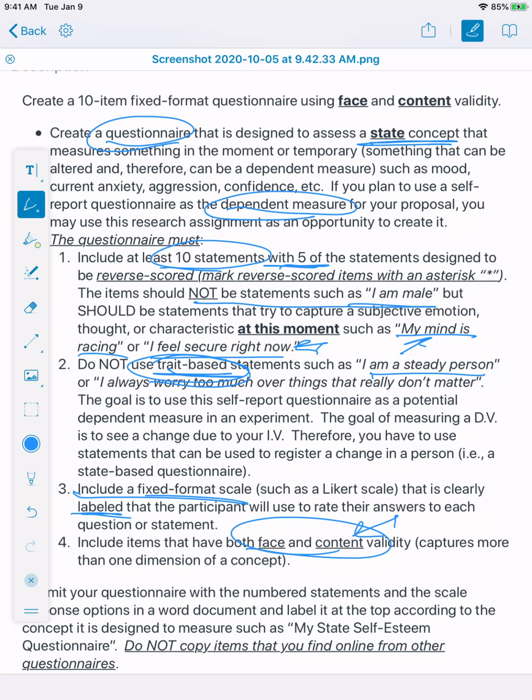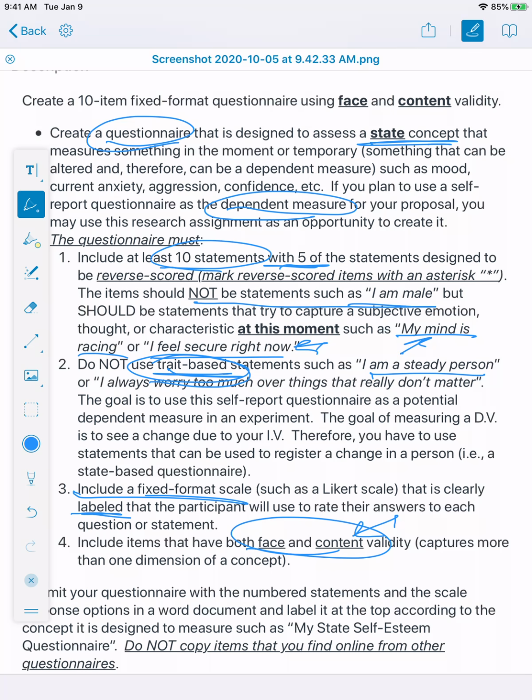What does that feel like? What is the subjective experience of confidence in its many components? Same with anxiety, same with mood. Anything that we're going to measure in the moment, there may be behaviors, emotions, or thoughts that go along with it. And those are the types of content that you should consider including in your statements.